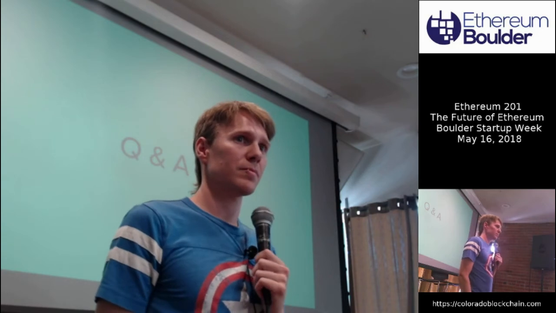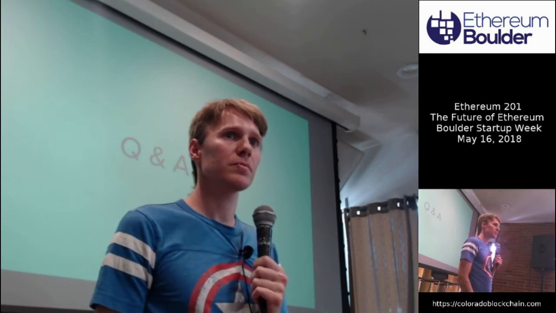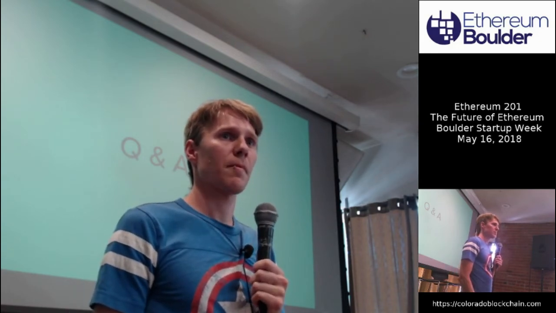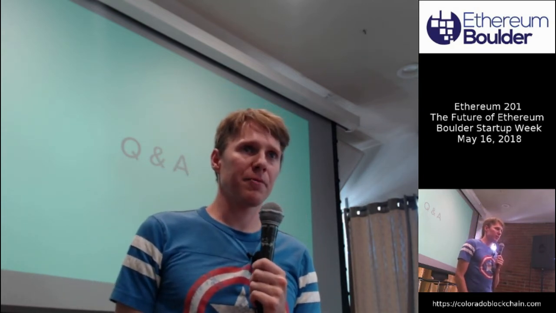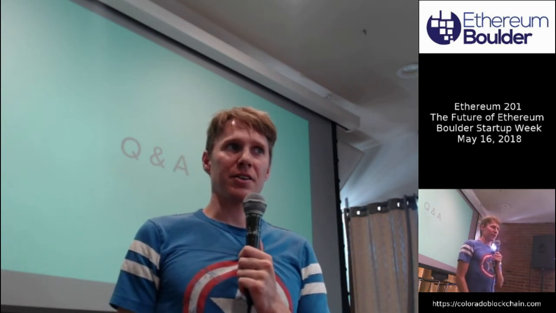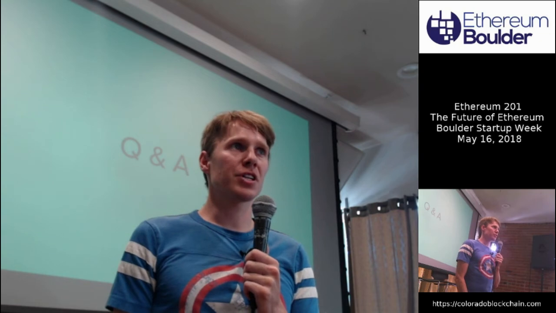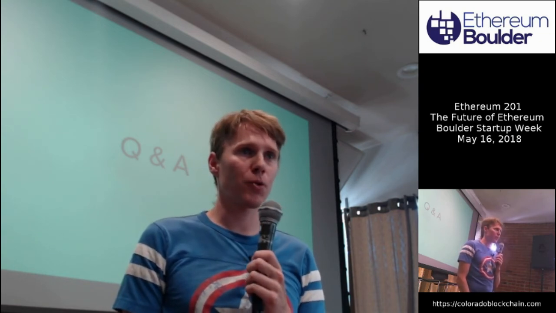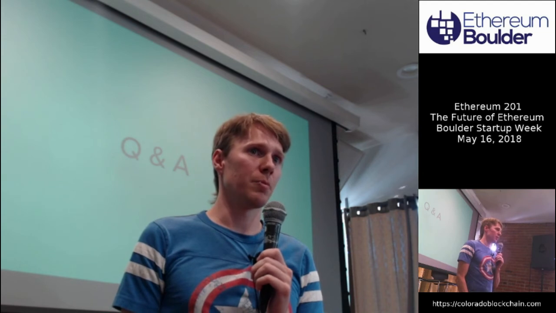What's the roadmap for WebAssembly? Using the WebAssembly virtual machine, and does that affect interoperability at all? The question is, what is the roadmap for EWASM, and does it affect interoperability? So the first part is there's a chance that EWASM starts to show up in either the next hard fork or the one after that.